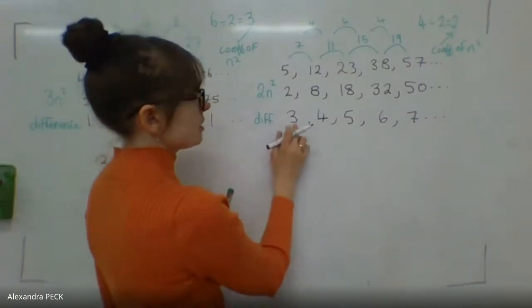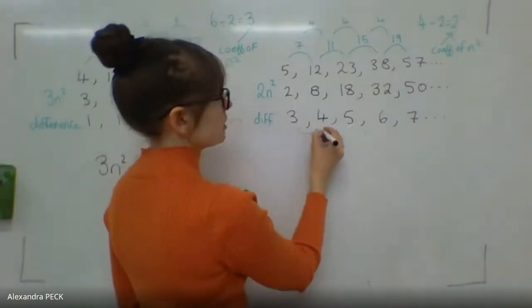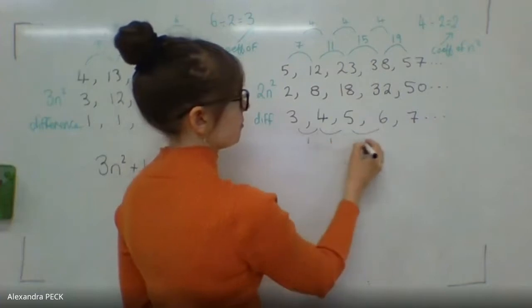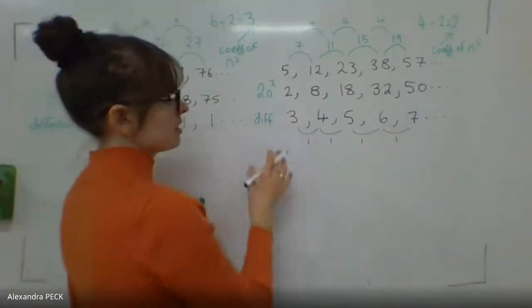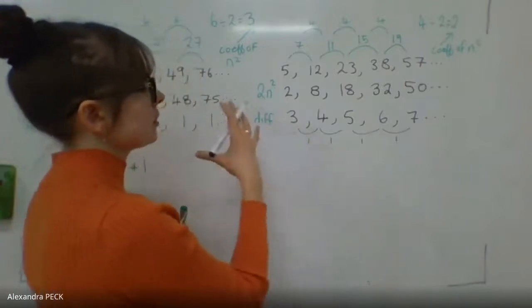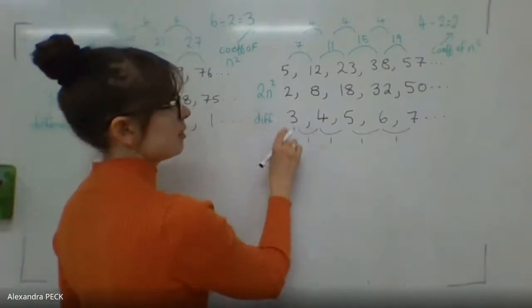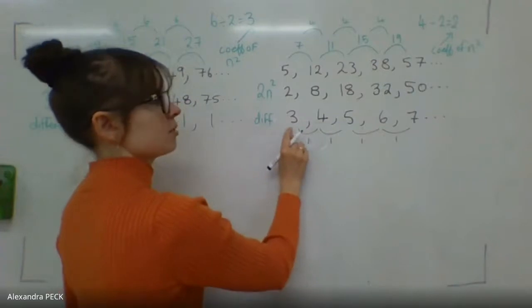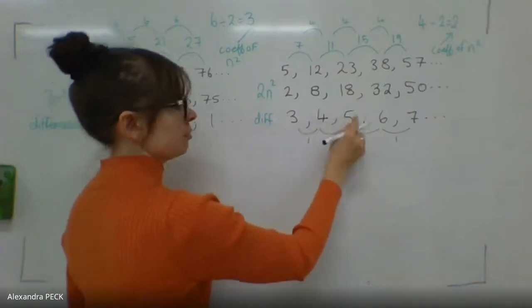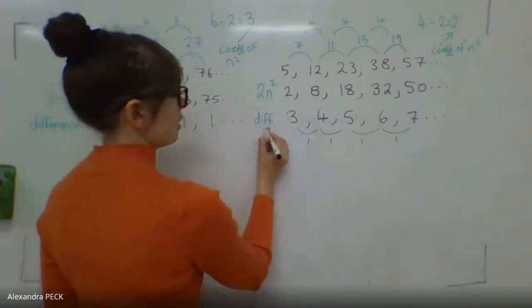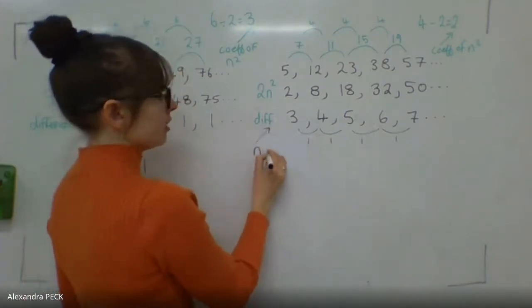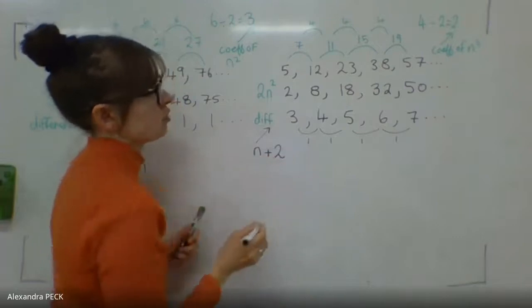Now, this sequence is going up in 1s each time. We're just adding on 1. We've got a common difference of 1. So this is just a linear sequence with n, and it's going to be n plus 2, right? 1 plus 2 is 3, 2 plus 2 is 4, 3 plus 2 is 5. So this sequence here is the sequence of n plus 2.